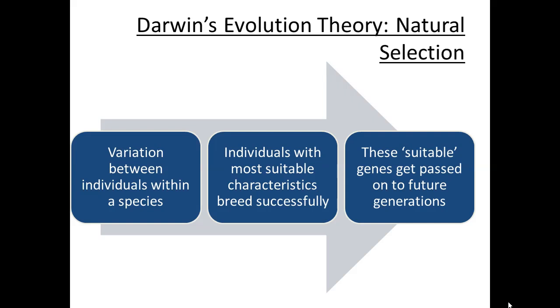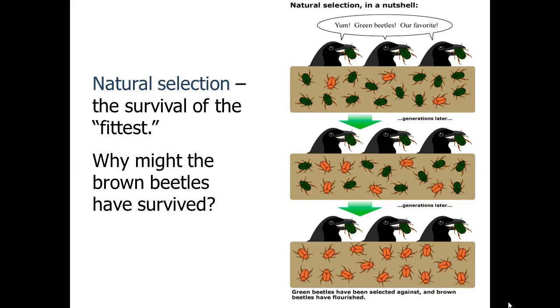Then individuals with the most suitable characteristics breed successfully. This suitable gene gets passed to the next generation because it is the advantageous feature. For this reason, in natural selection theory we talk about the survival of the fittest. What does it mean?